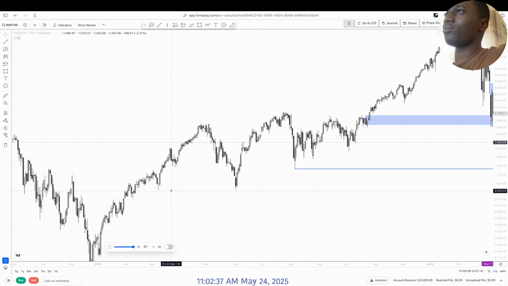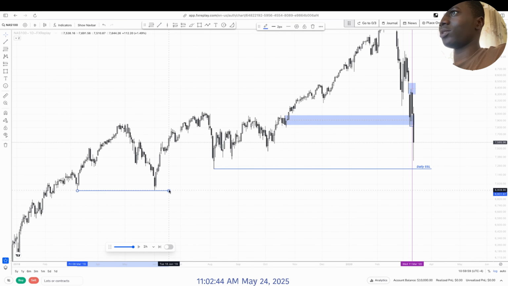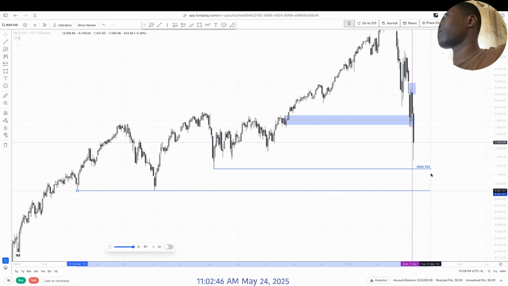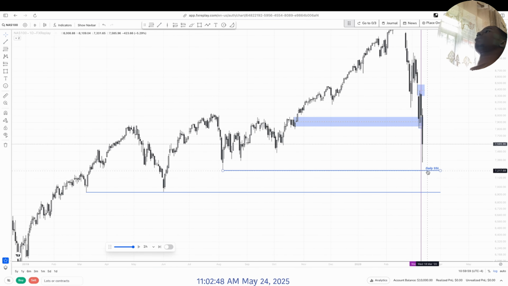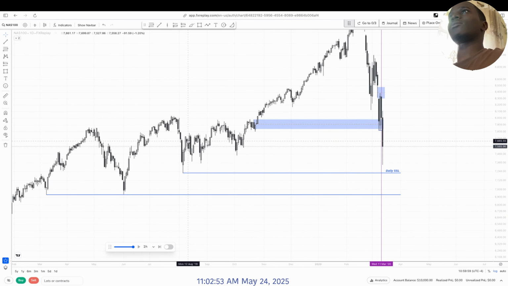Wait, we have equal lows, so it's another level of liquidity. We'll see where the market tries to push higher instead. So also at this level, let's see if market takes these levels out, or if it respects the other blocks right here.